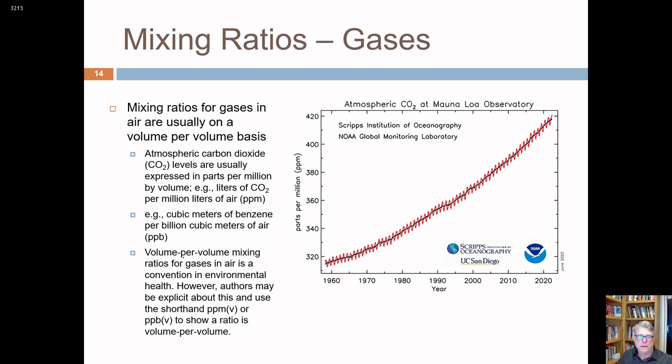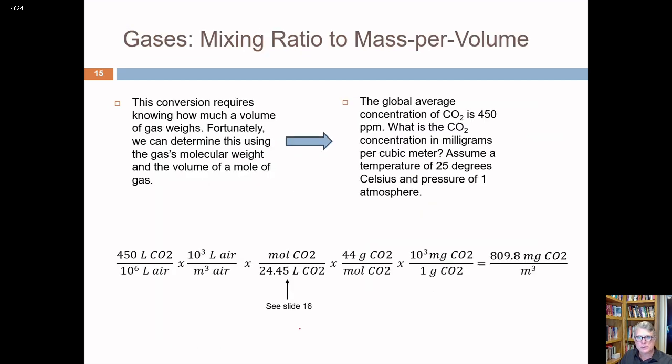So, volume per volume mixing ratios for gases in air is truly a convention in environmental health and other sciences. However, you may sometimes encounter units written this way, like ppm(v) or ppb(v). And that's just the authors being explicit that this mixing ratio is on a volume per volume basis.